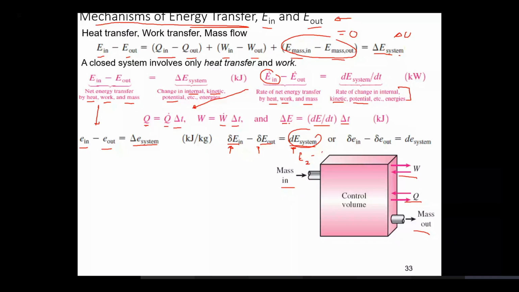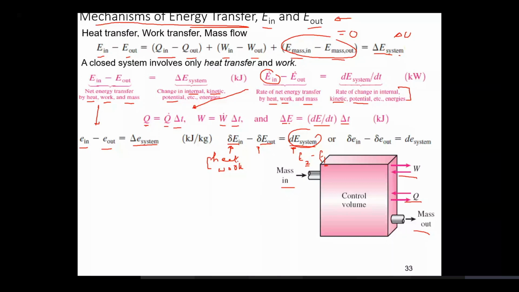Whereas inexact differentials are used because you are expressing heat and work, which are not state functions. Heat and work, or even mass flow, are not state functions. All right. So that's why you have used inexact differentials with heat and work, which are not dependent upon the states, which have no meaning for a specific state.